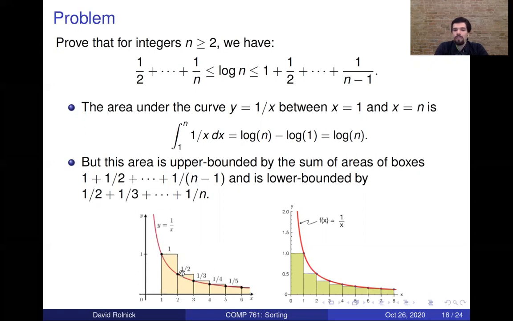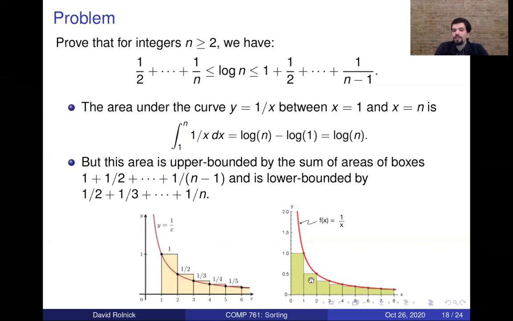Box of height 1, box of height 1/2, box of height 1/3, 4th, 5th, and so on. So the area log n is upper bounded by 1 plus 1/2 all the way up to 1 over n minus 1. In this case, n is 6.